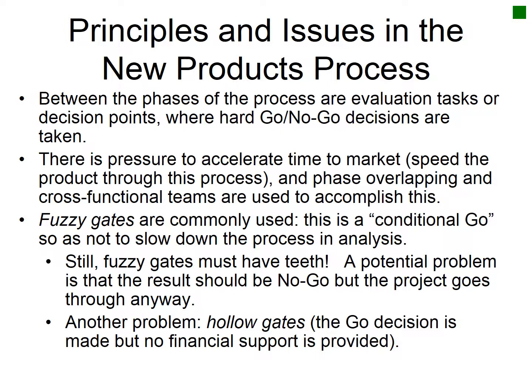The text will talk about another term called a hollow gate, and that's one where we allow a project to move forward. However, even though it's moved forward, it doesn't have a lot of support. So the project may move forward but never be worked on in another stage, or it might move forward and just sit at a particular stage and never really progress any further beyond where it is.